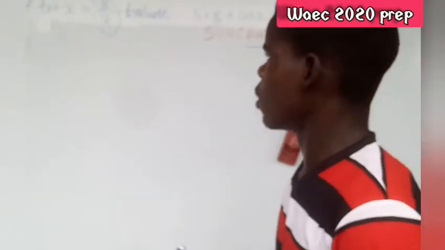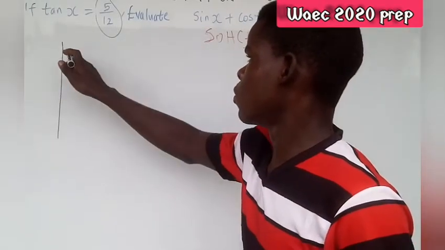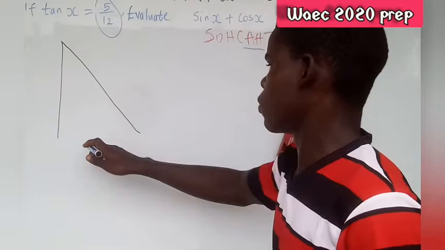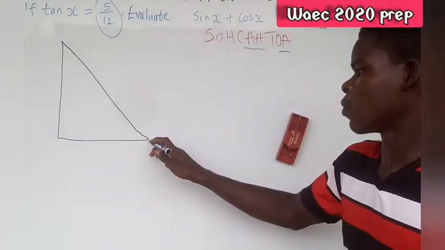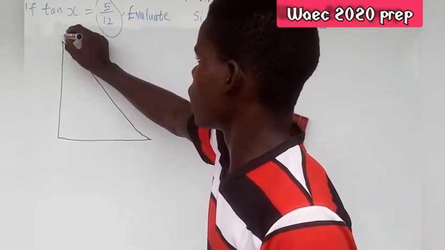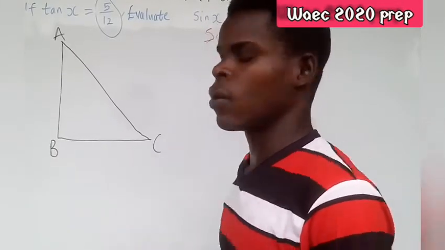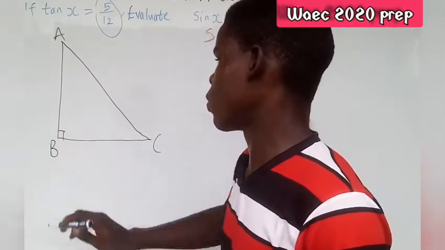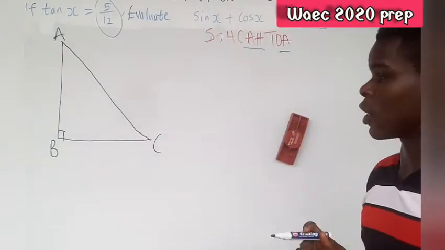Now look at this. Let's draw a right angle triangle, let's say ABC. This is the right angle, so line AC is the hypotenuse side, which is the longest side.